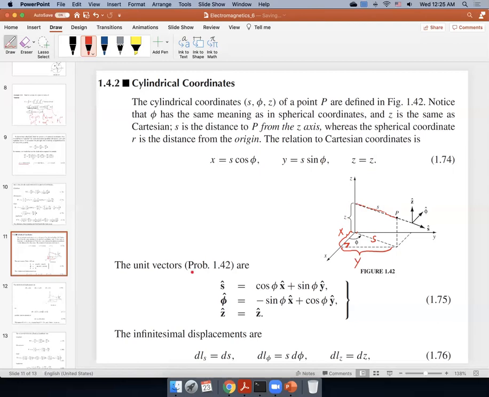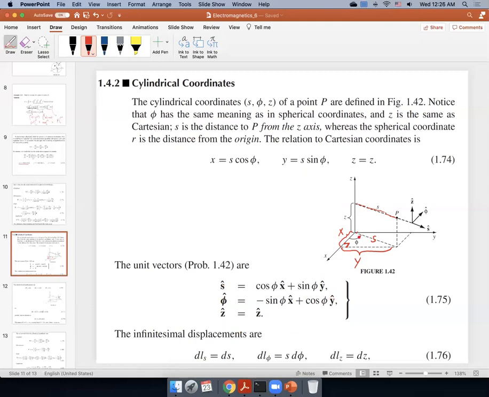And the unit vectors can be shown as: s hat equals cosine phi x hat plus sine phi times y hat. And phi hat, the unit vector of phi, equals negative sine phi in x direction plus cosine phi in y direction, and z hat equals the z direction, which is going up. So these can be calculated easily by trigonometry.